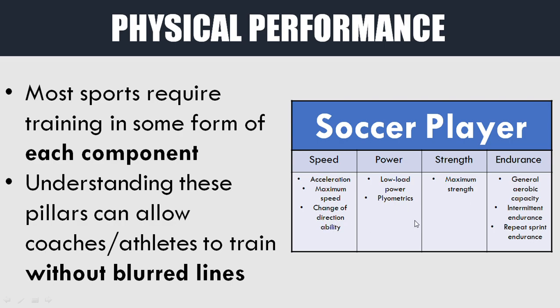That's up to the coach to determine. I would determine that as endurance training. Whereas if we're working on 100% maximum linear speed, where we're giving high amounts of rest, etc., that's more in the speed category. So we need to understand these so we have clear distinctions between them.